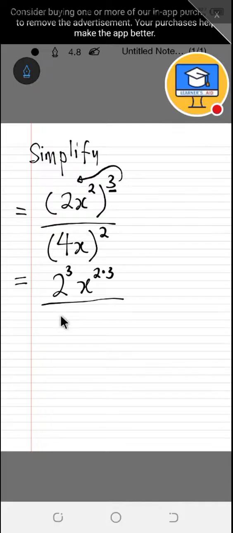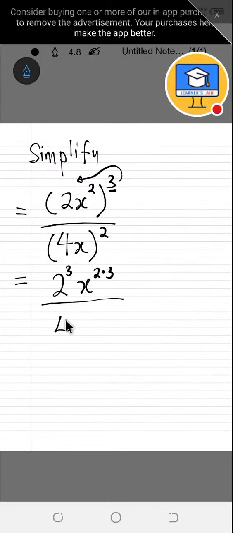We have 4x, so 4 to the power 2 times x to the power 2. Good. So the exponent is applied to everything.